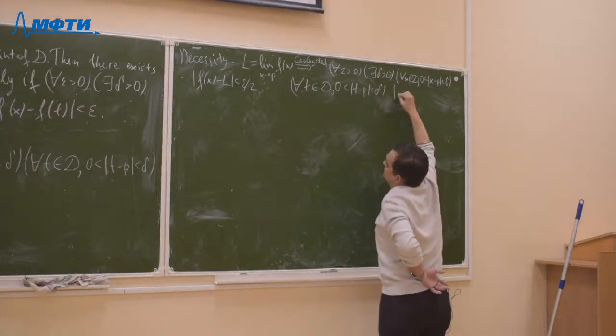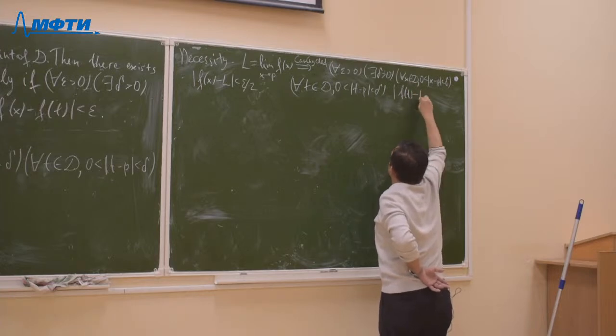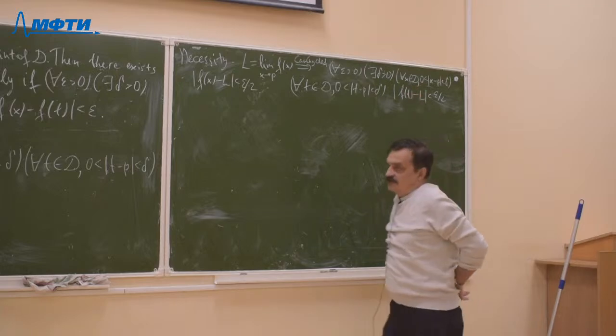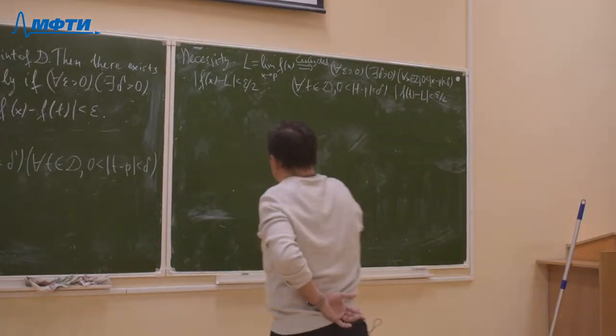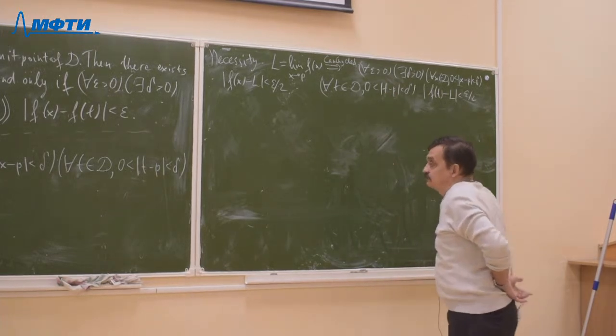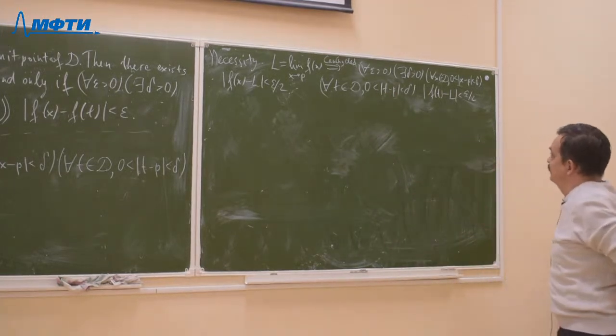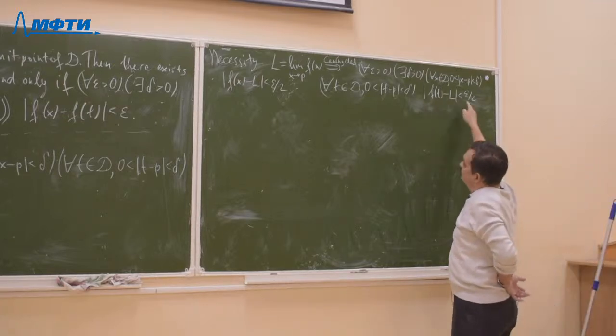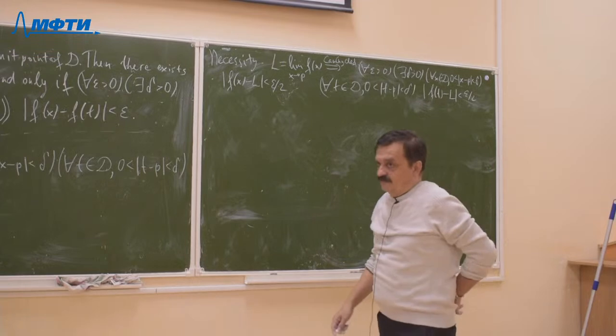We have also a similar inequality, because it doesn't matter which letter we use. We have a property that for all values t or x which satisfy that inequality, we have this inequality for the values of the function.